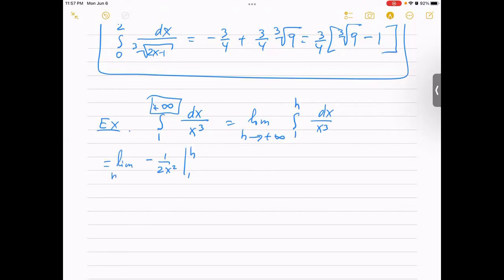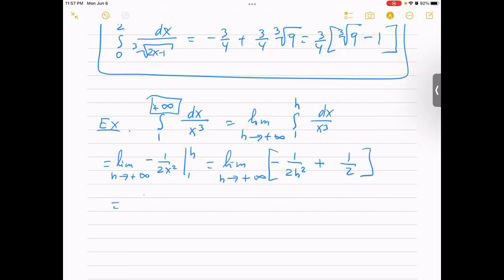The limit is as h approaches plus infinity. Substituting h, we get negative 1 over 2h squared. Substituting 1, we get plus 1/2. The limit is as h approaches plus infinity.